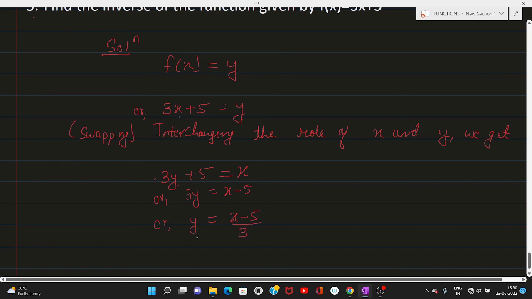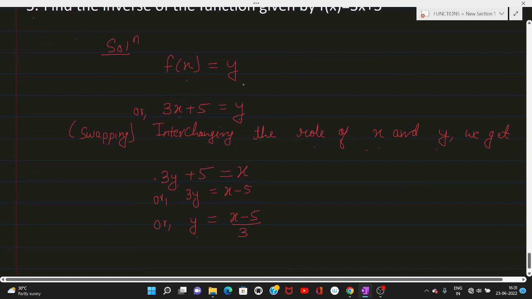So this y we have obtained after interchanging the role of x and y. Before interchanging, the y was representing f(x). Now after interchanging, this y will represent f inverse x.